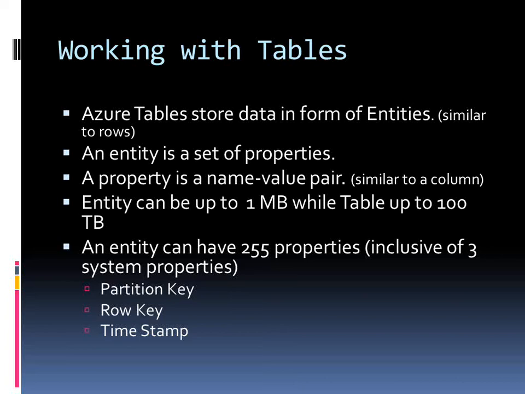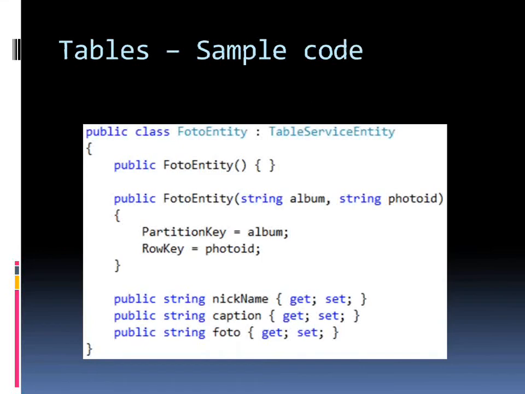Now the various types which are supported in table storage are int32, int64, string, double, datetime, boolean, and binary. So if you see, most of the standard data types that you require are supported by table storage. If you want to see how it will look, it's a two-step thing that I want to explain.